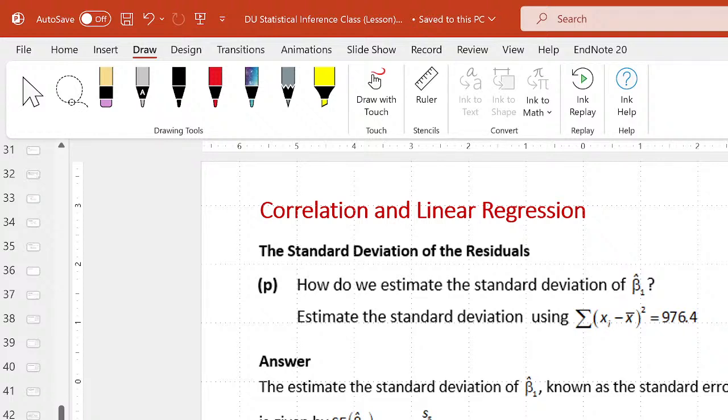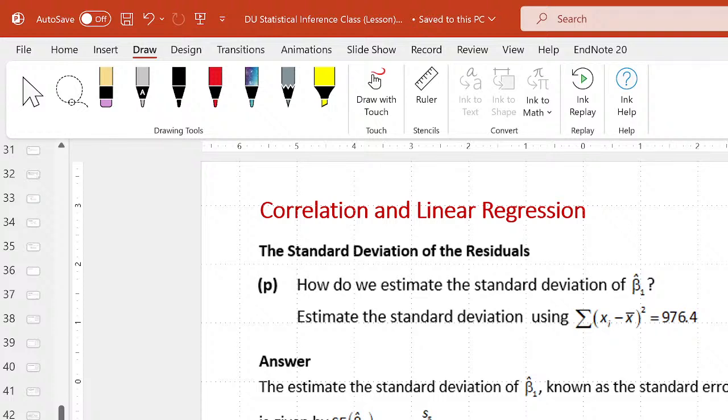Next, I'm simply going to calculate a 95% confidence interval for the slope. It's a t interval, so I use a t with degrees of freedom 10 minus 2, 8. And there's my standard error. So it's the slope plus or minus the t-value times the standard error.